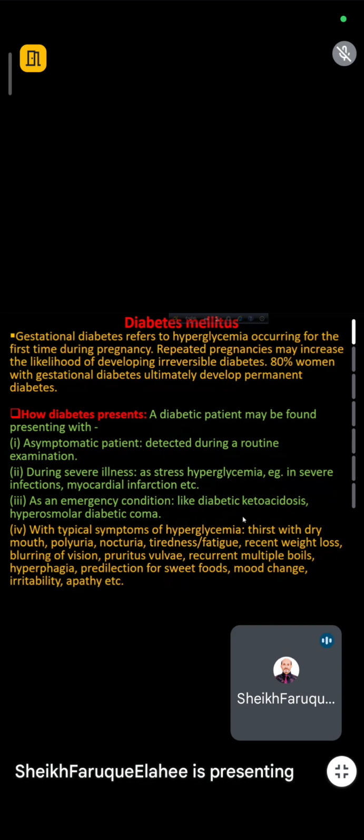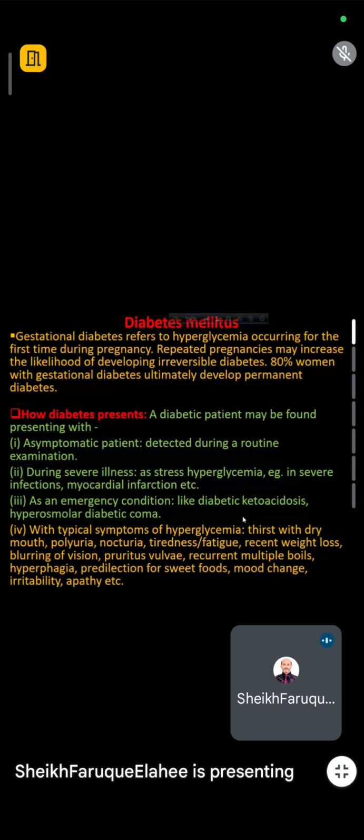Then he will have tiredness, fatigue. By a little work, he will be fatigued, he will be tired. Then he will have recent weight loss. The patient will say, I lost 10 kilos in only 2 months. So this is called rapid weight loss or recent weight loss.